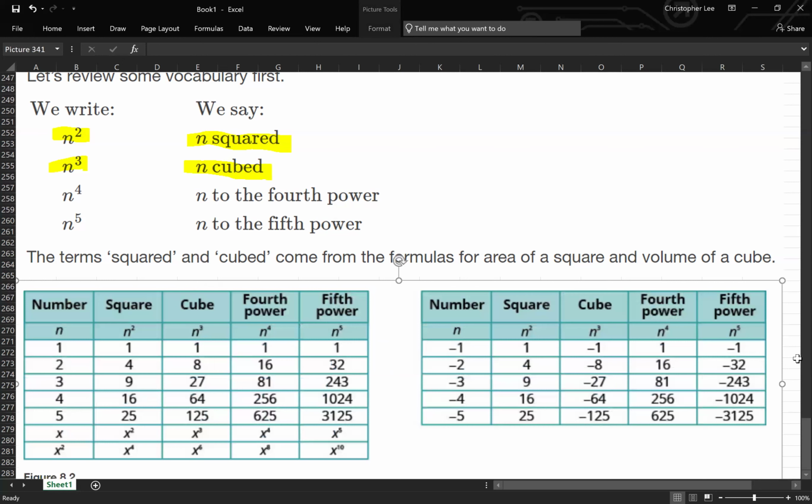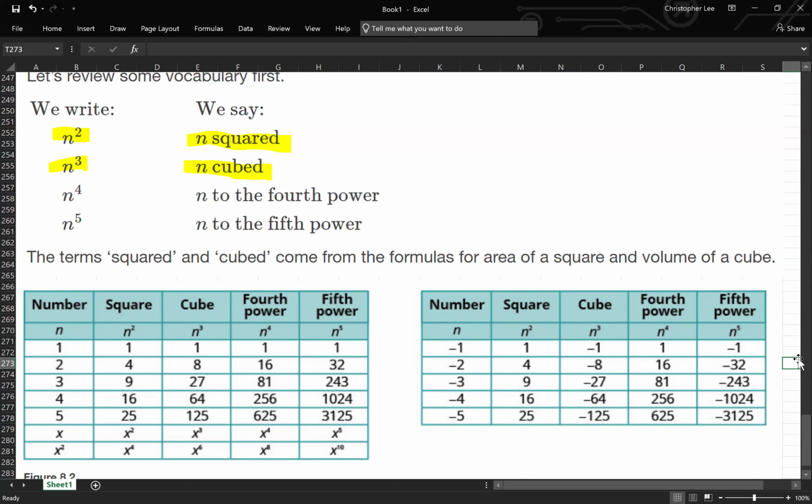Now I want to give you guys a chart. Let's review it real quick. Let's say I have the numbers starting from 1 all the way to 5. So 1, 2, 3, 4, 5, include x and x squared. The square of those numbers would be 1, 4, 9, 16, 25, x squared, and x to the fourth.